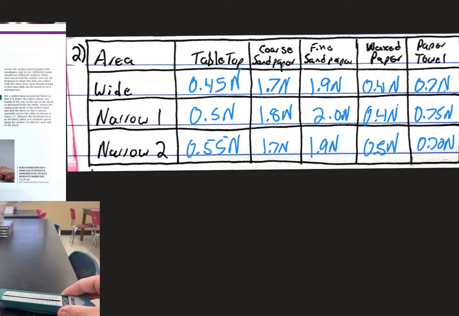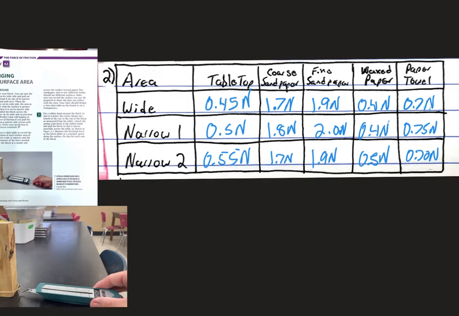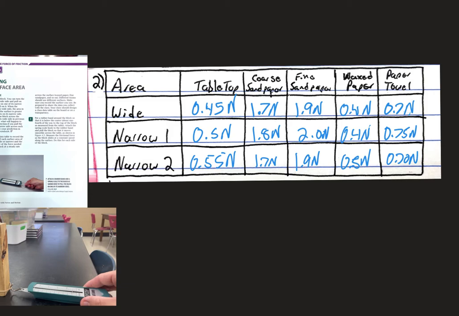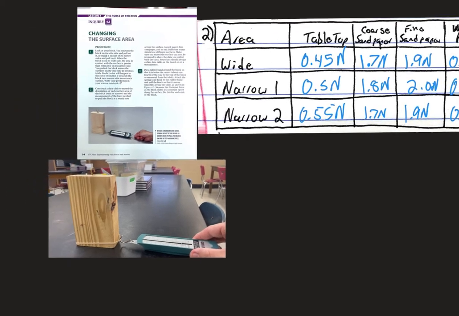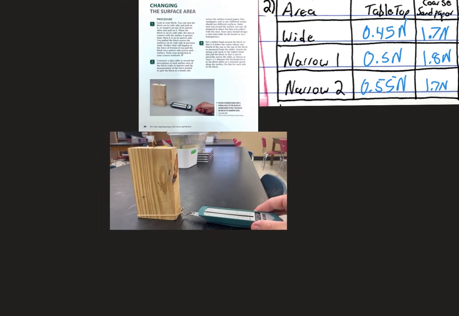Okay, so let's talk about the data real quick. For the wide, on the different surfaces, we got the following values. Wide looks like this. If you look here, I'll zoom down and you see that's how the wide was done.